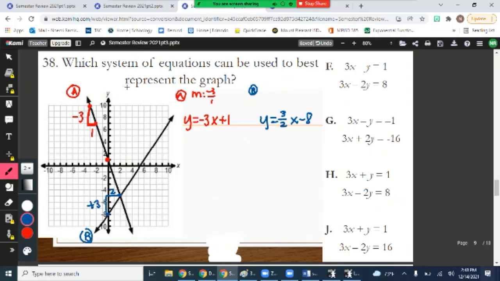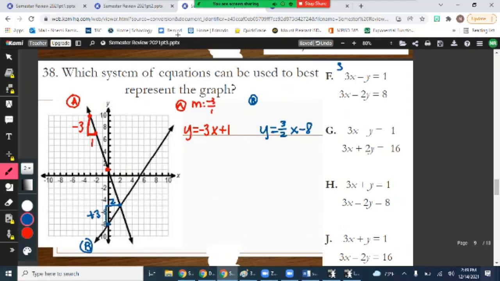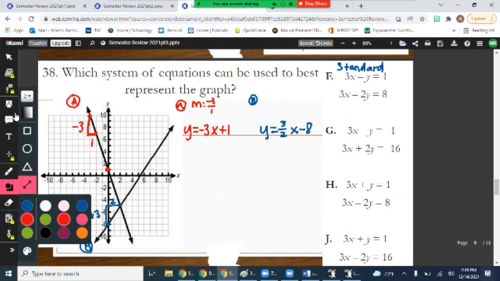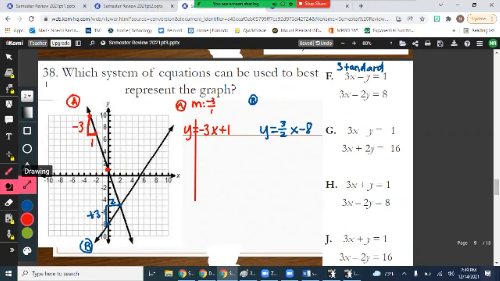Now I have the equations of both lines and I can match them, but what do you notice about all of these? They're in what? Your answers are in standard form. And honestly, the easiest thing to do is convert them back to standard form. So that's what we're going to do. How do I move this 3 back over?